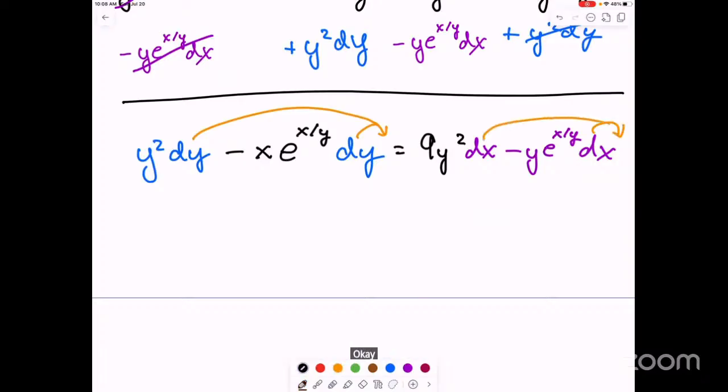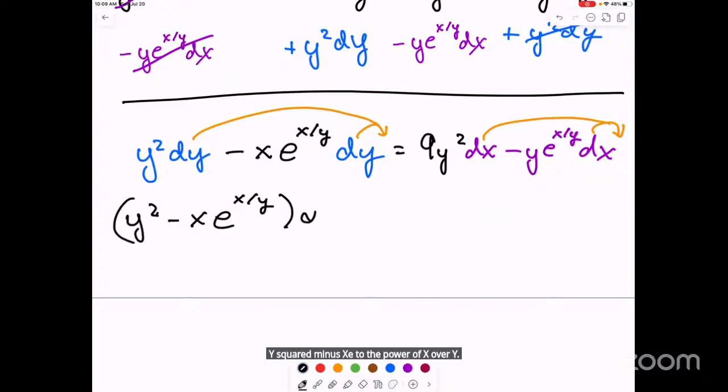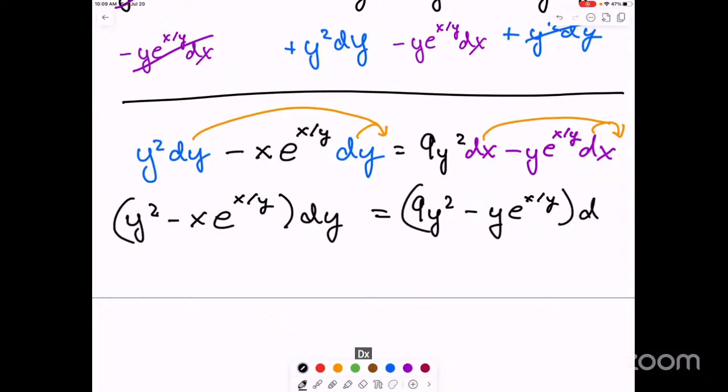Okay, so if we factor out dy on the left, we're going to be left with what? y squared minus x e to the power of x over y dy. On the right, 9y squared minus y e to the x over y dx.